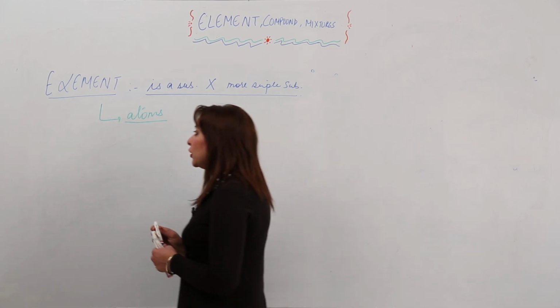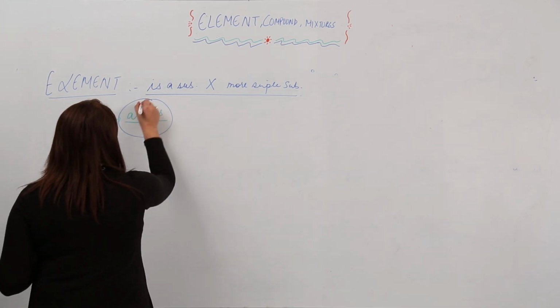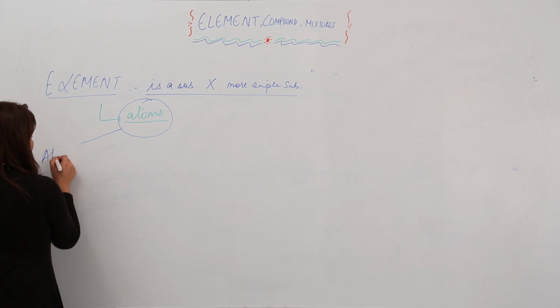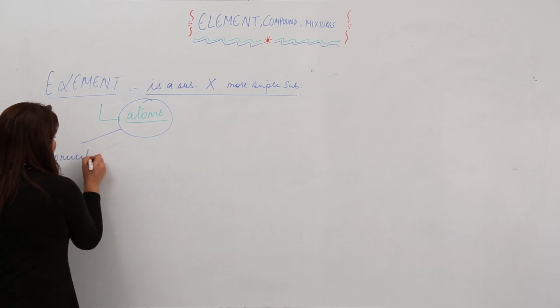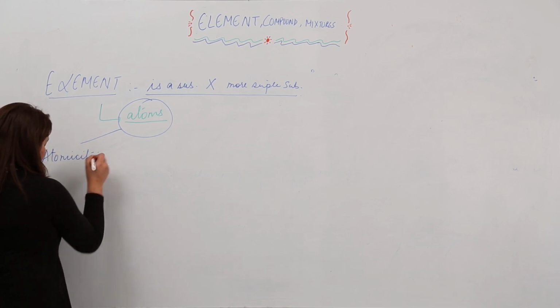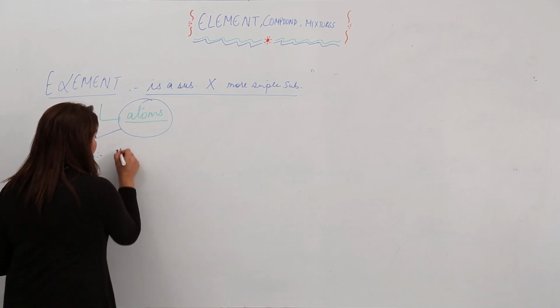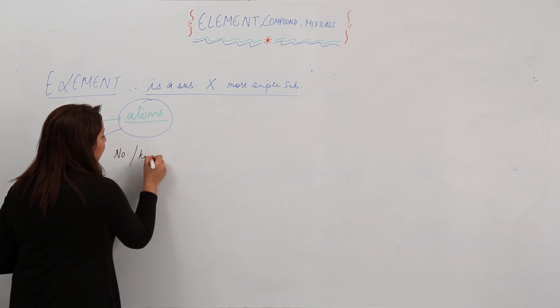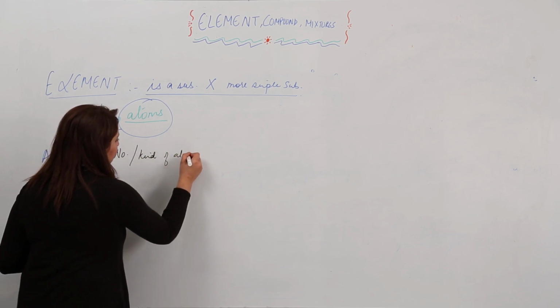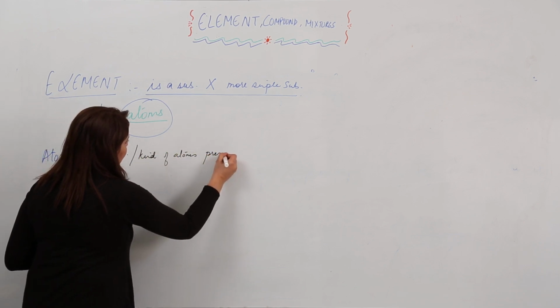Now the atom possesses the property of atomicity. What do we mean by atomicity? Atomicity means the number or the kind of atoms present.